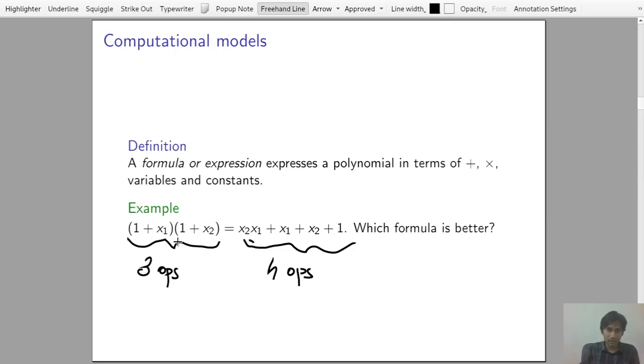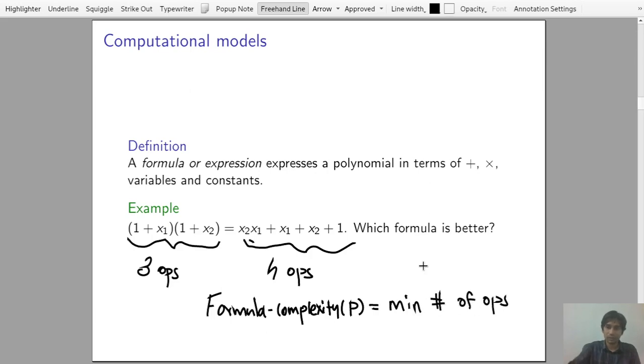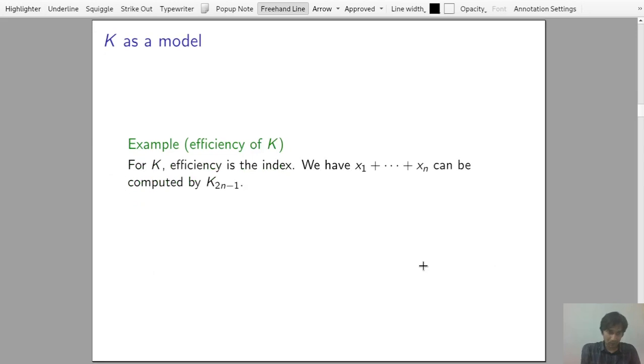And for a given polynomial, we can define its formula complexity as the minimum number of operations required by any formula to compute it.